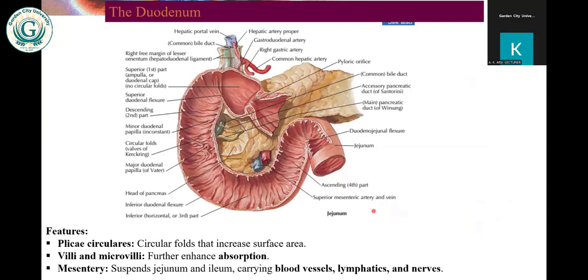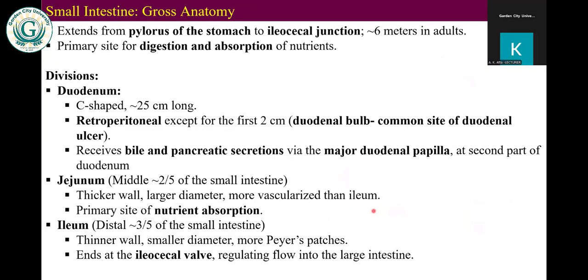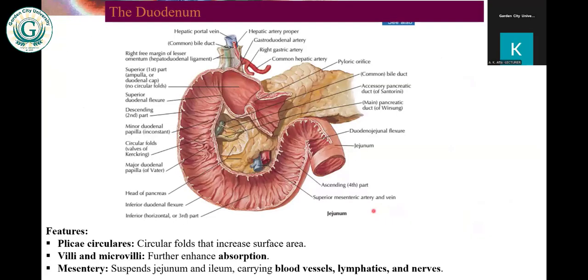Now, why did I say that the jejunum is the primary site of nutrient absorption? I'm not even talking about that part yet. So that's all about the duodenum. The first part, apart from the first 2 centimeters, which is intraperitoneal, the rest are all retroperitoneal.